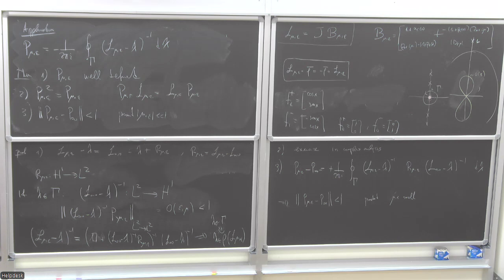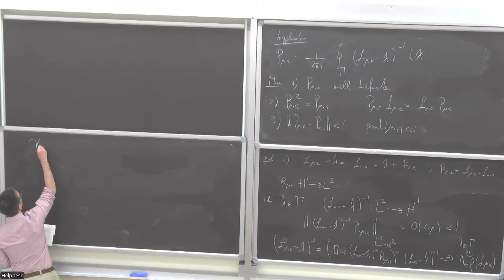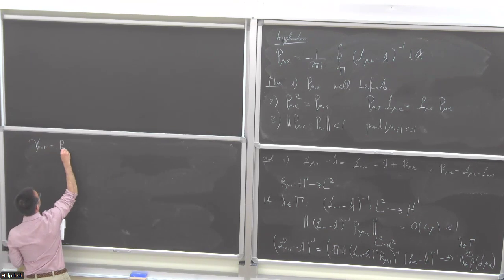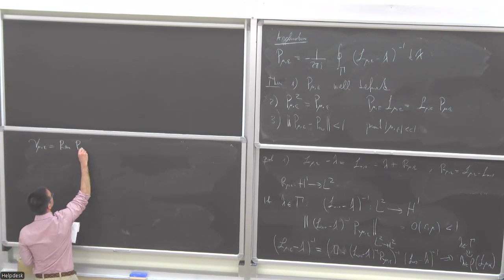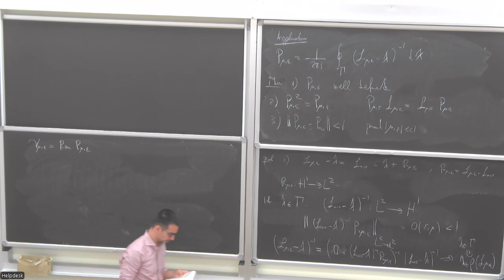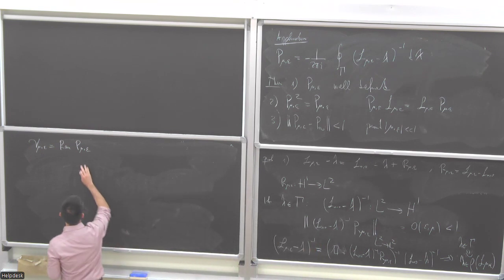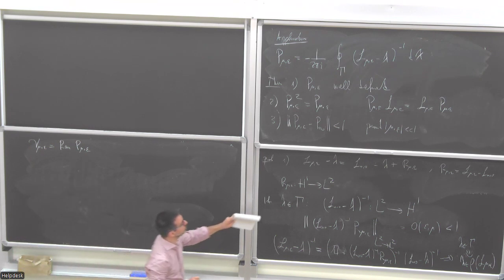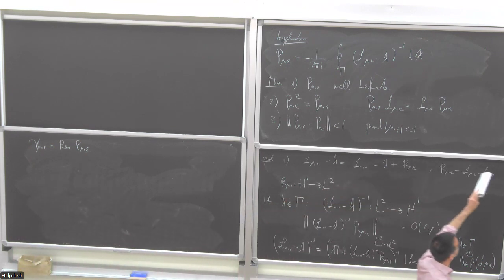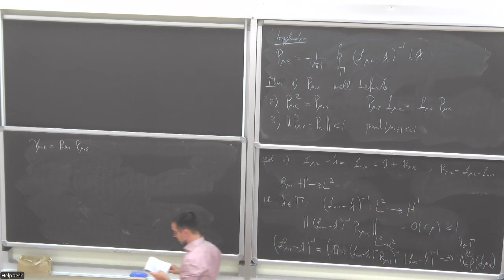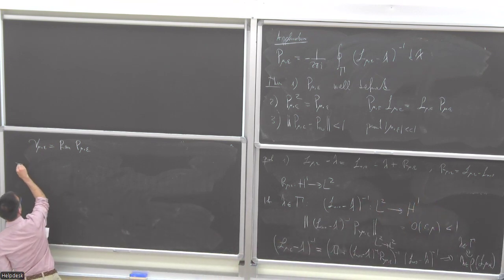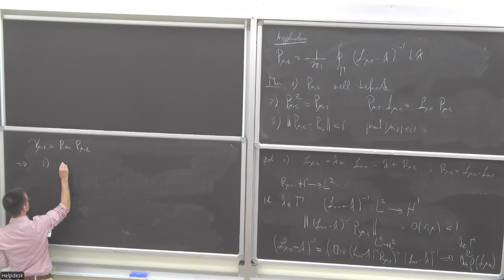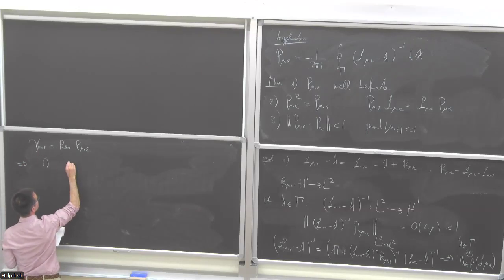Okay, so now let me define V mu epsilon as the range of P mu epsilon. Then, so this is a projector, so P commutes with L mu epsilon, which is clear from the formula, from the definition. And so what we have is that for sure this is an invariant space for L mu epsilon.